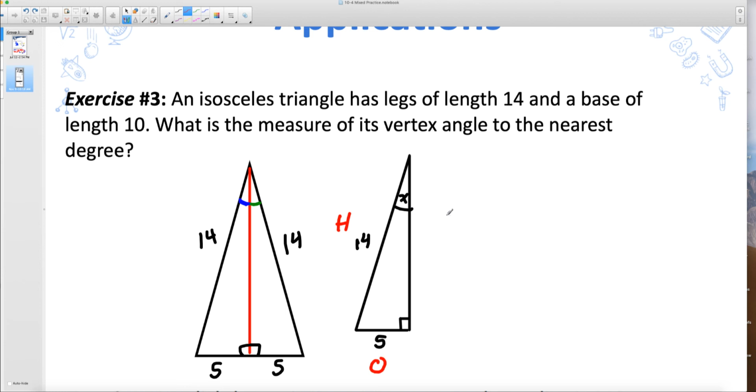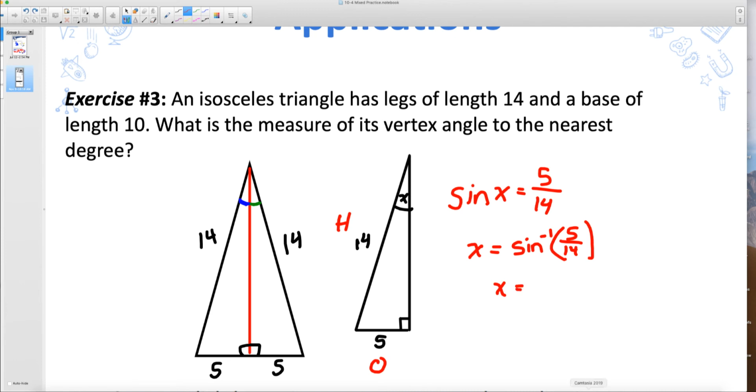So it's looking like sine. Sine of the angle, which we don't know, is equal to the opposite, which is 5, over the hypotenuse, which is 14. We're solving for an angle. Anytime we solve for an angle, it's always inverse. Make sure you're showing this step right here. We want to do sine inverse of 5/14.